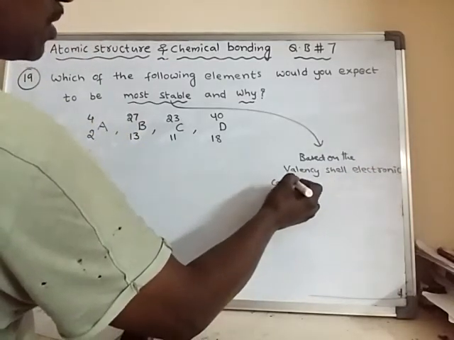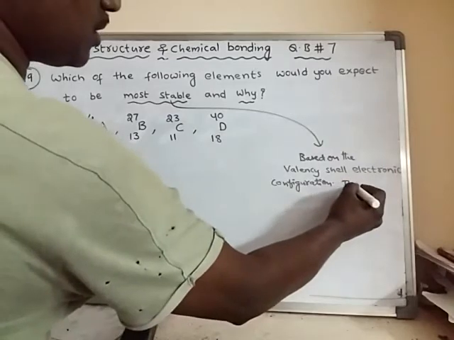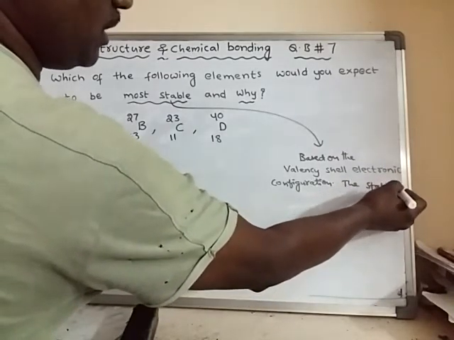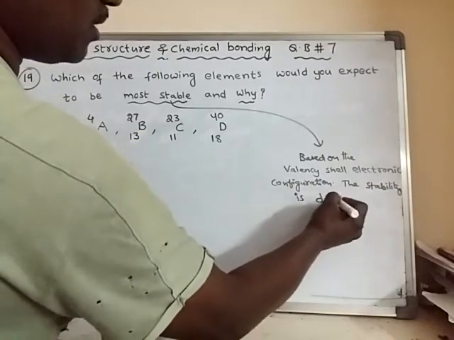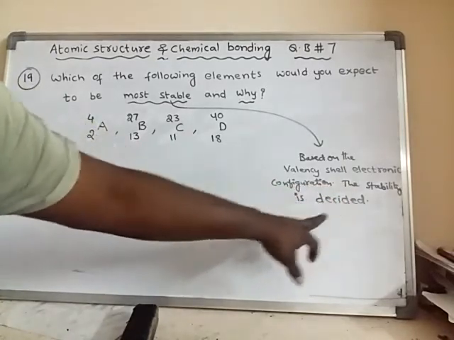Based on the valence shell electronic configuration, the stability is decided. So based on the valence shell electronic configuration, the stability is decided.